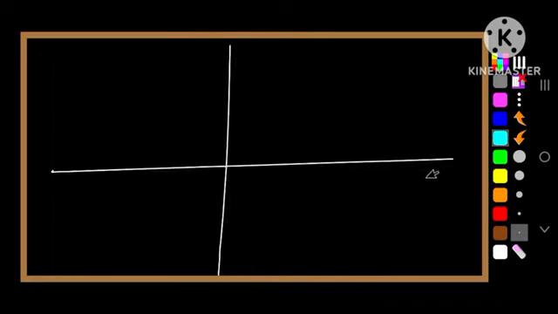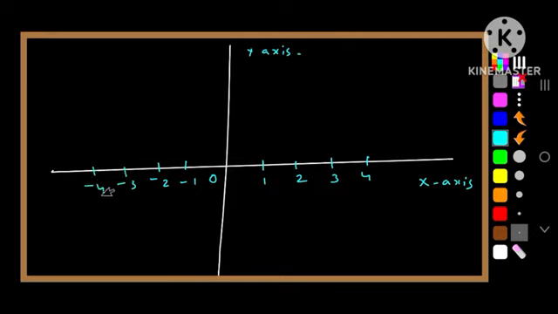So this is our x-axis and this is our y-axis, and this is our origin. Now let us take the points 1, 2, 3, 4. Here minus 1, minus 2, minus 3, minus 4. So similarly we'll take the values here. We have to see what the values are.